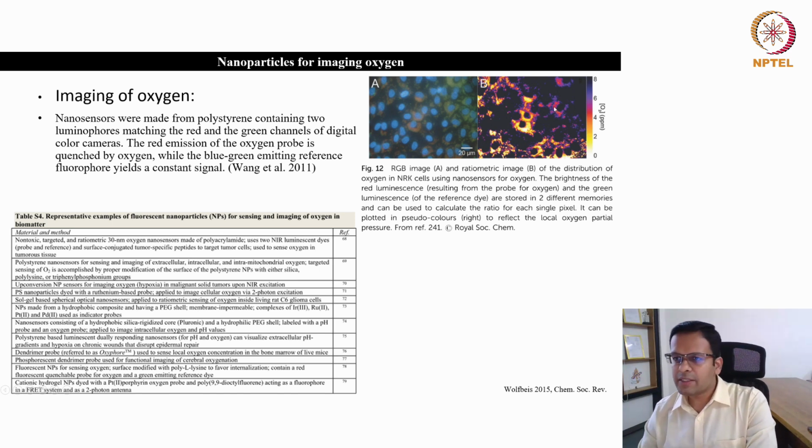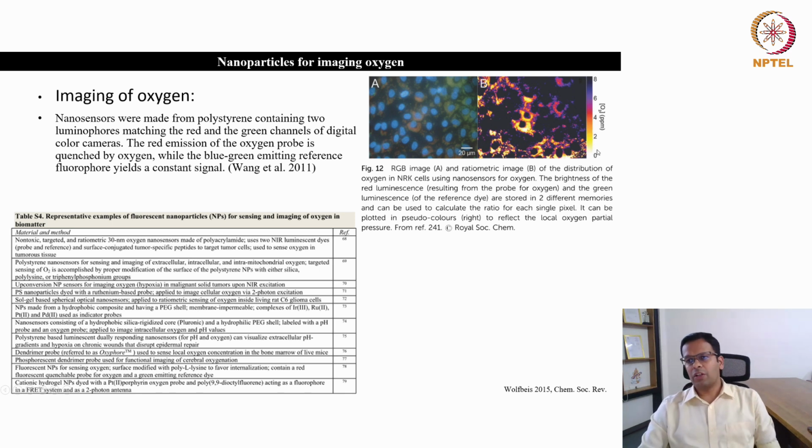And here is a ratiometric image. Here you can see the black means the highest oxygen concentration. Black areas show the highest concentration, whereas the orange, yellow, or even white areas represent the lack of oxygen. So these areas in this tissue sample are the areas where the oxygen is not there, whereas the black area represents the high amount of oxygen.